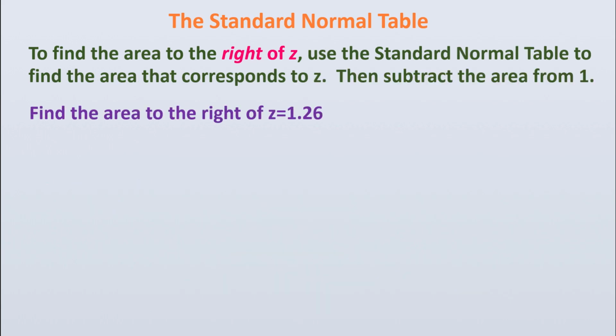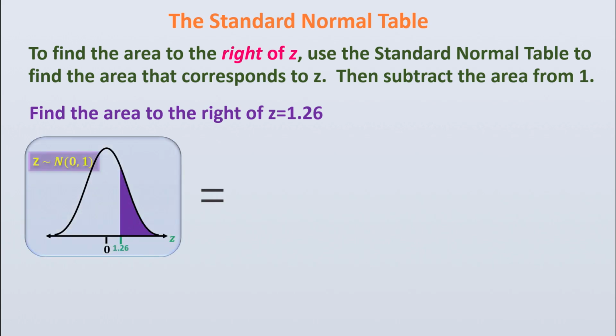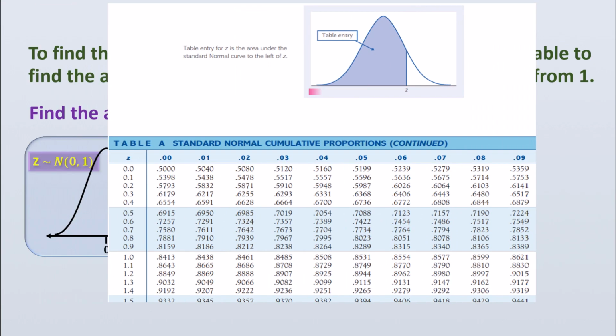Now let me explain how to find the area to the right of z 1.26. Now we need to consider the area right to the 1.26. Can we find the area directly from the table, a right area? No. Why?